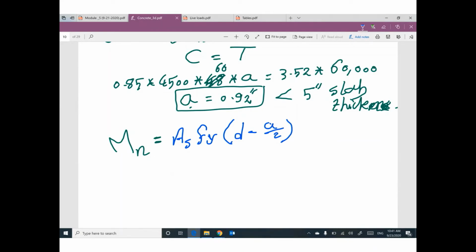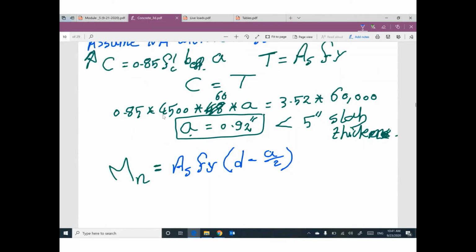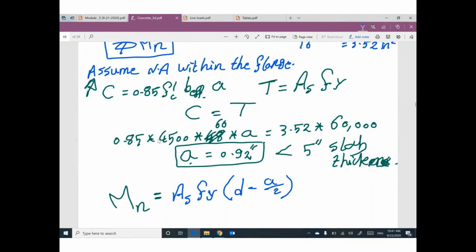For your beta 0.85, since your F prime C is 4,500, wouldn't it be a different number for beta? Why are you looking for beta? Just a moment. A equals beta 1 times small c. You mean beta 1?